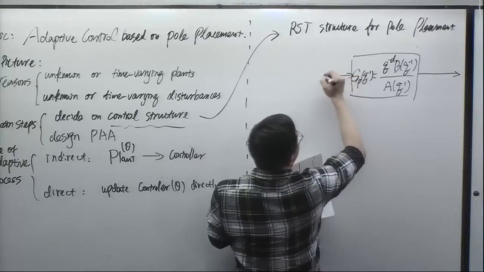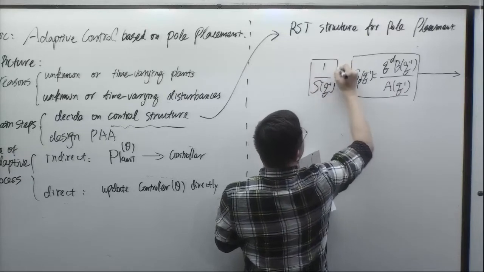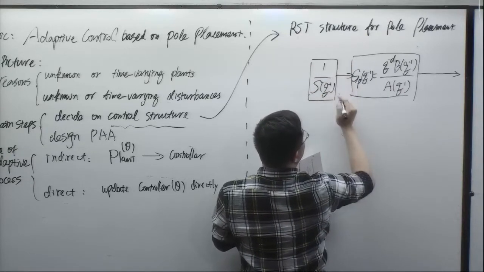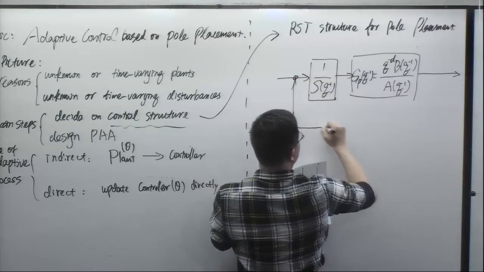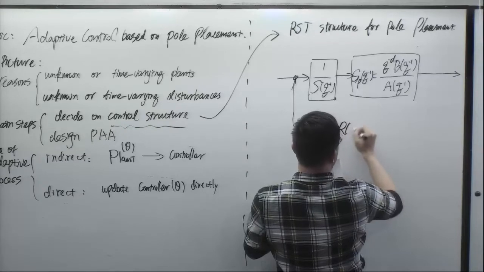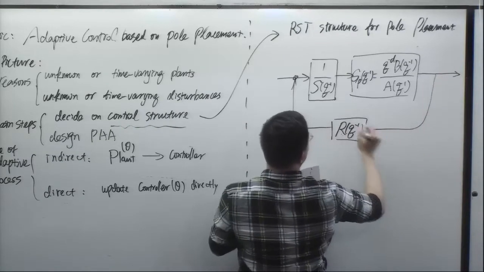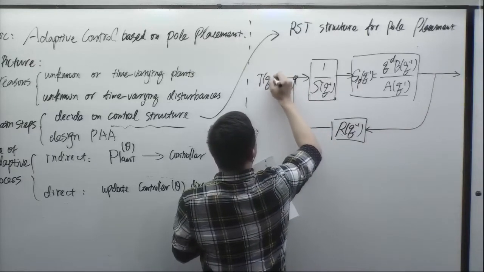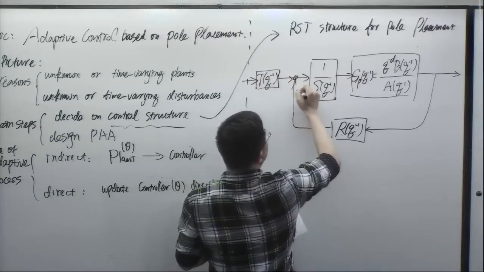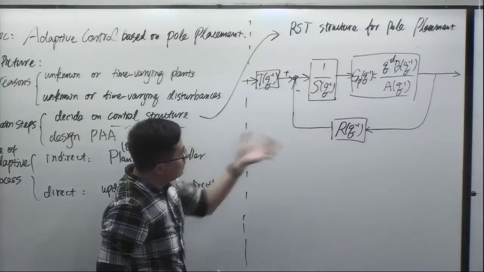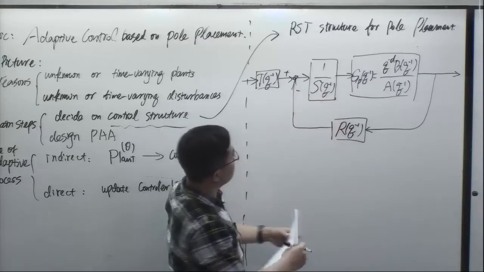The RST structure is slightly different from our conventional single control block diagram structure. It has a few components inside. It looks like this. There are these feedback components.